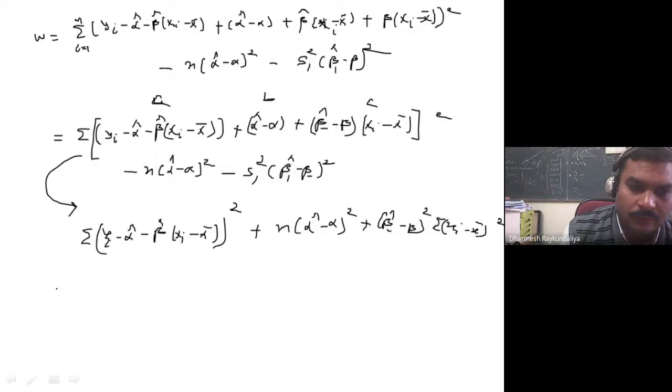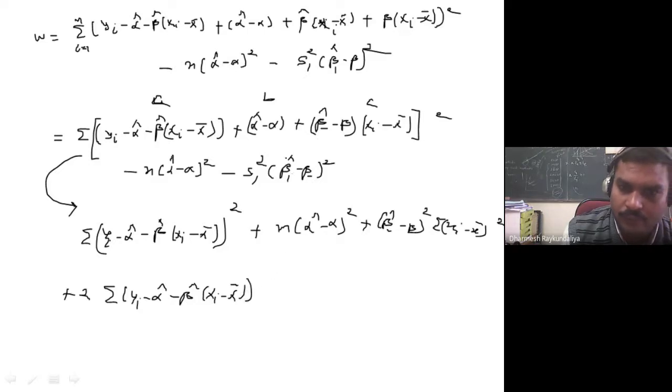Okay, plus twice of yi minus alpha cap minus beta cap xi minus x bar into n times, sorry, into alpha cap minus alpha, plus twice of this with this.